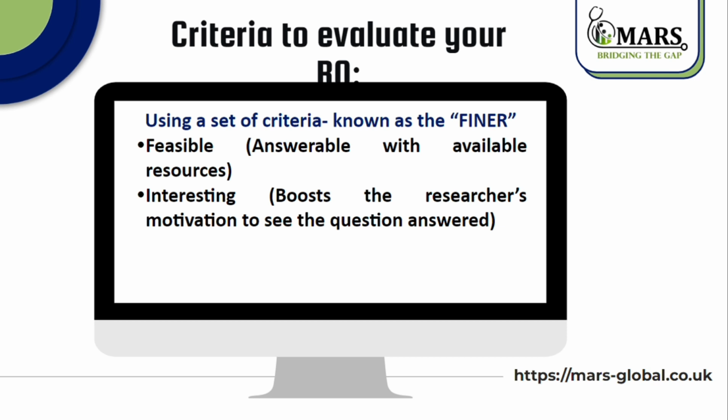Researchers should be realistic about the scale of their research, as well as their ability to collect data and complete the whole research process with their skills and the resources available to them. So that's the first criterion you need to consider when establishing a research question.